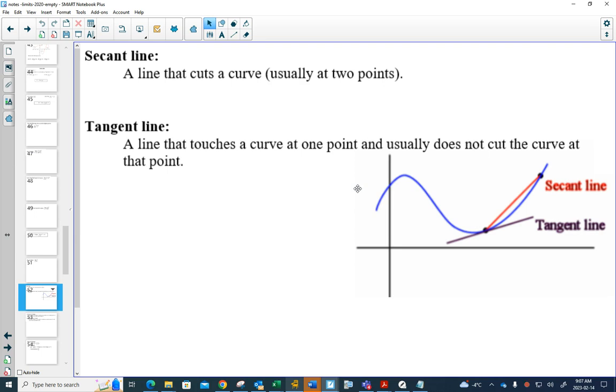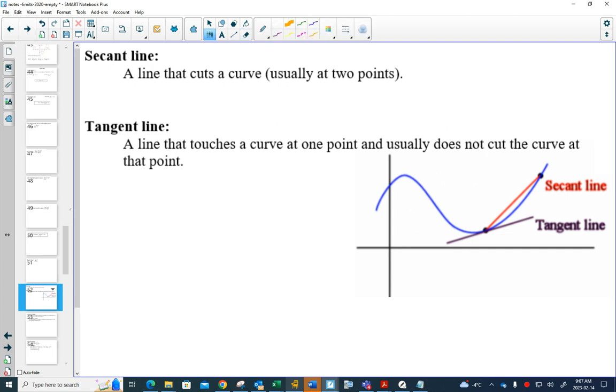And when it touches the graph at that point, usually it doesn't cut through the graph. There are a couple of unique situations where it touches at one point and cuts through it, but generally this would not be considered a tangent line. You're like, oh, it touches the graph only at one point. Okay, but it's cutting through the graph.